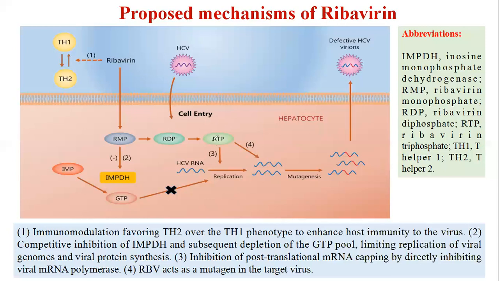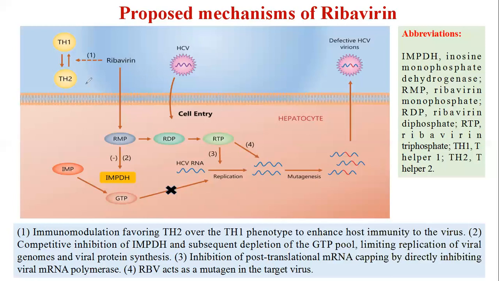This ribavirin triphosphate competitively inhibits GTP. GTP is a nucleotide, and this is a nucleotide analog. So it will bind with the RNA polymerase, and because it doesn't have a free hydroxyl group at the 3' end, the chain will not develop. This HCV RNA will not go for further replication. Here the replication will be stopped and no virus particle will be formed.